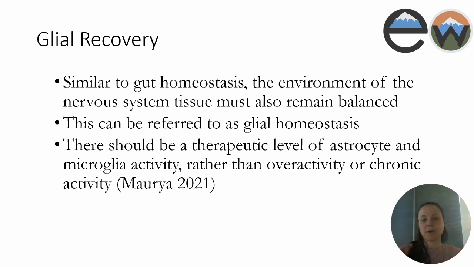It's an astrocyte microglial dysfunction. But if we can figure out how to maintain glial homeostasis, we might be able to reduce the risk of certain disorders like Parkinson's, Alzheimer's, Huntington's, multiple sclerosis, and things like that. There should be a therapeutic level of astrocyte and microglia activity rather than overactivity or chronic activity.